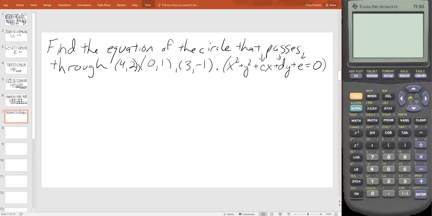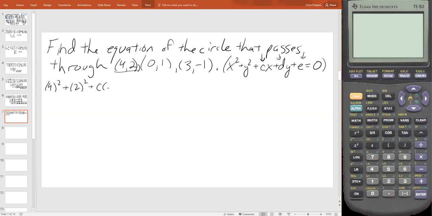Well, that was deliberate. So what we're going to do is take the first point, which says when x is 4, y is 2. We're going to go to our equation and turn all the x's to 4s and all the y's to 2.